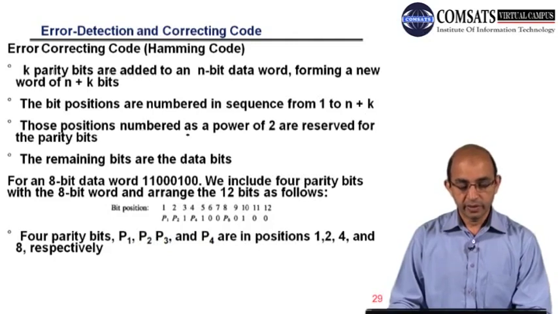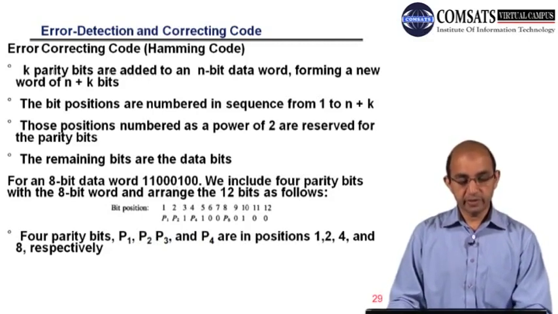Those positions that are numbered as a power of 2 are reserved for the parity bits. The remaining bits are the data bits. For an 8-bit data word 1 1 0 0 0 1 0 0, we include 4 parity bits with the 8-bit word, and arrange 12 bits as follows.